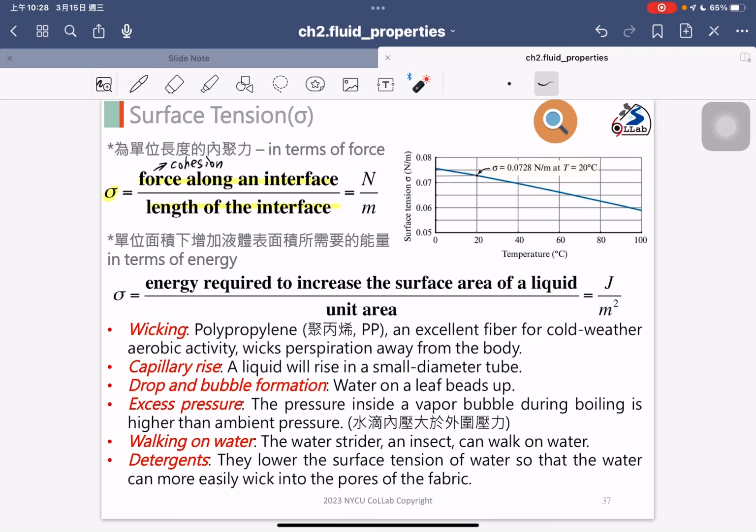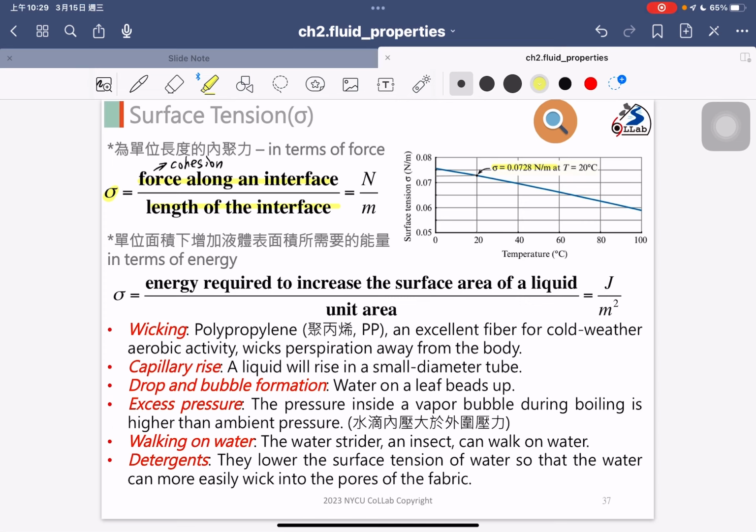And at normal room conditions, 20 degrees, you will have around 0.0728 Newton per meter surface tension. So if you can, just take this number into your mind and remember it.